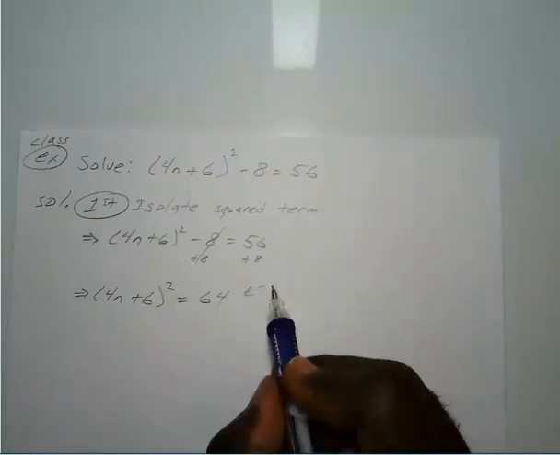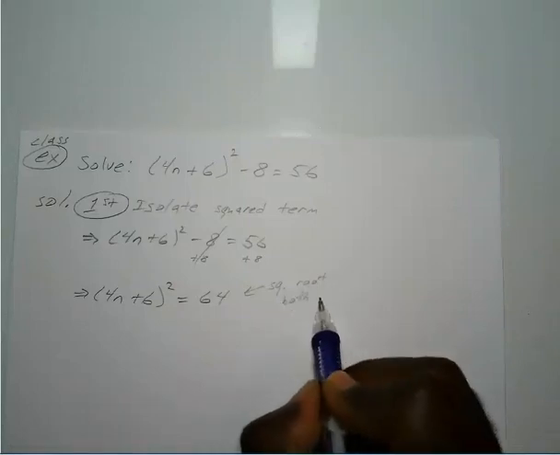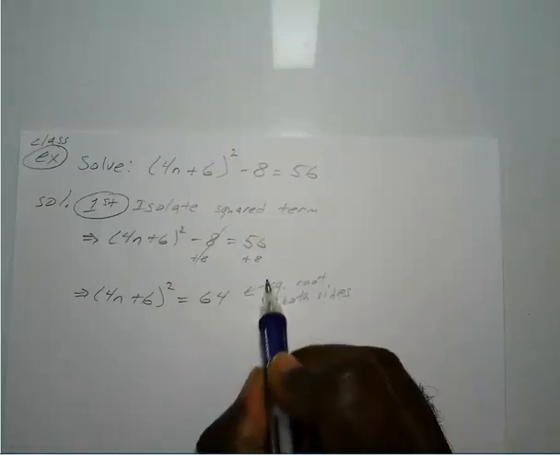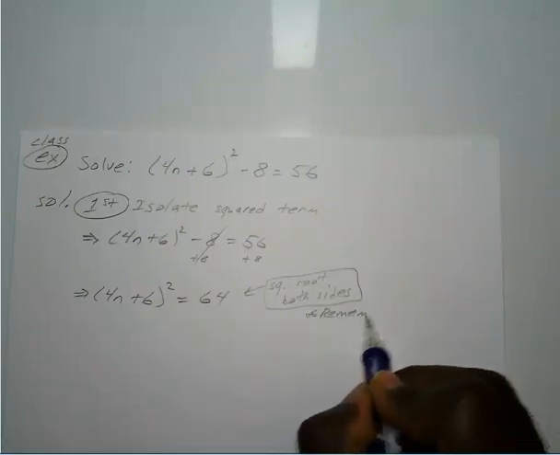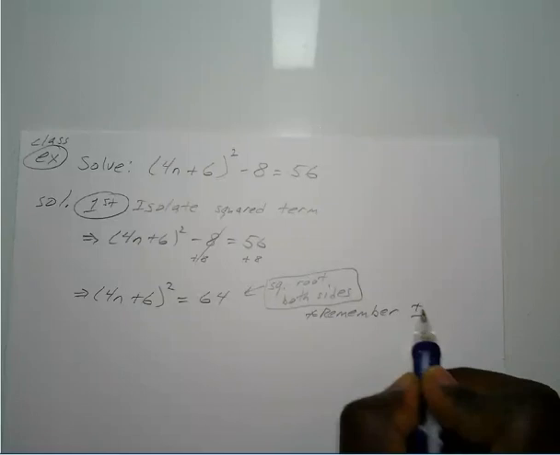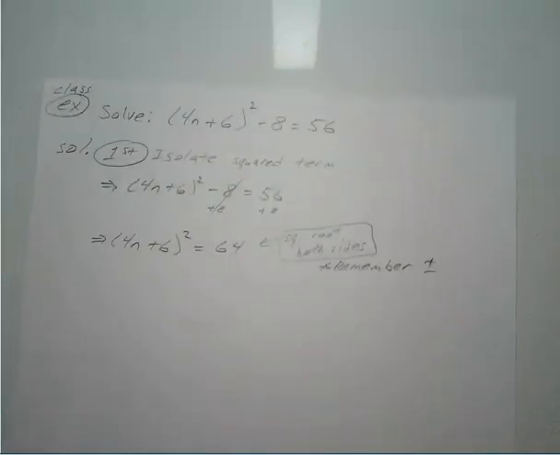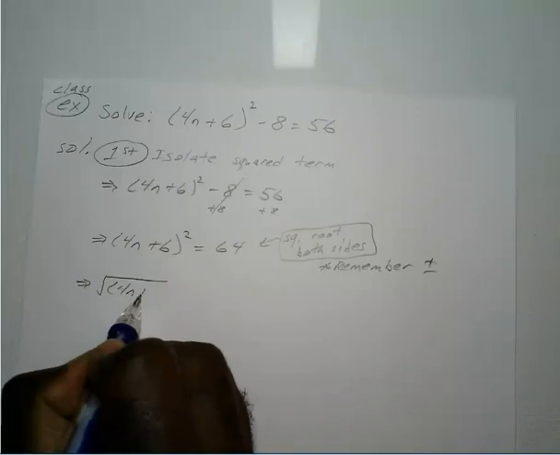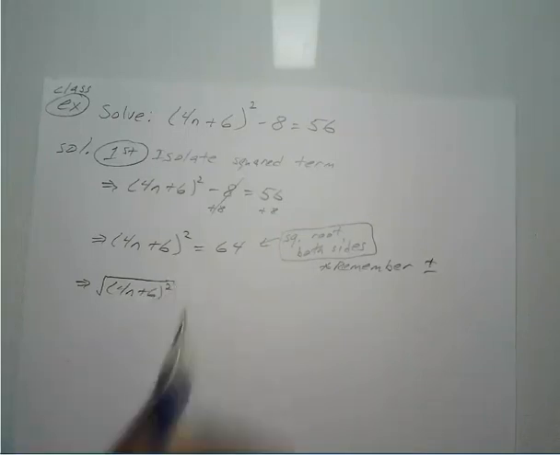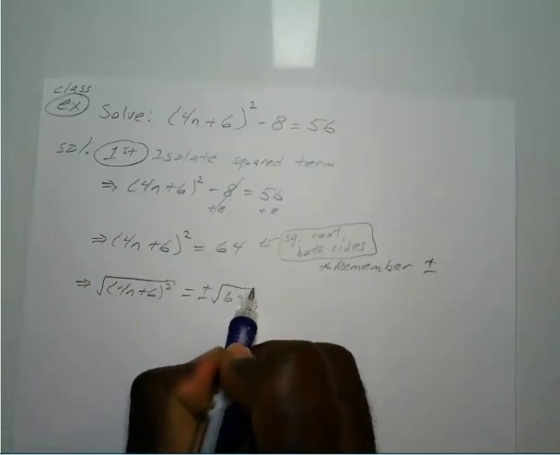But now that we have that isolated, we square root both sides. And of course, we remember our plus or minus. Alright, so once we square root both sides, you have 4n plus 6 squared equals plus or minus the square root of 64.